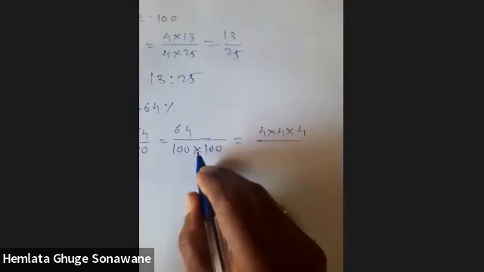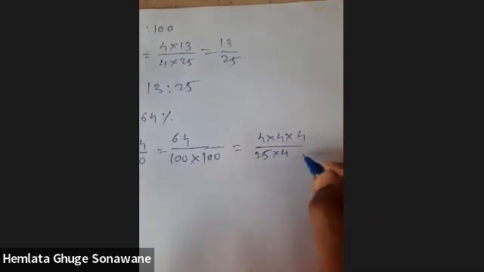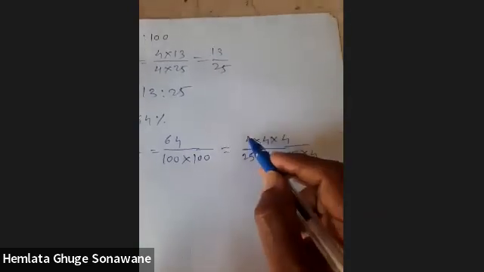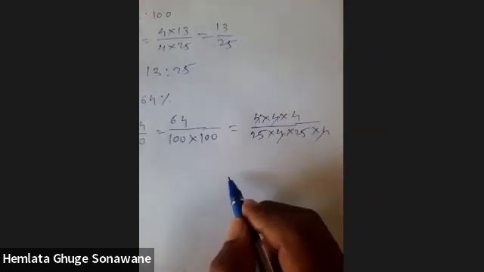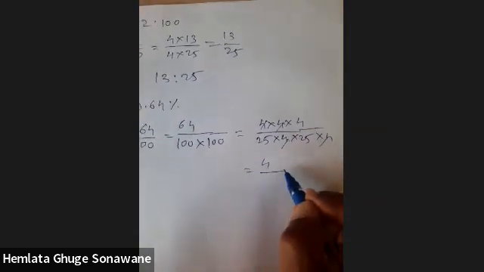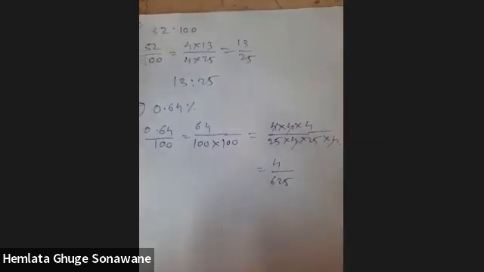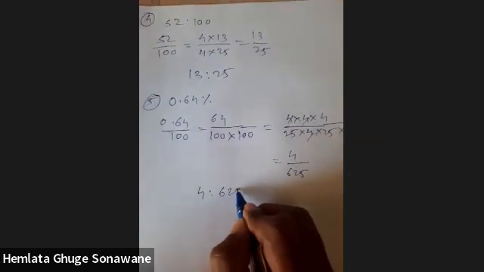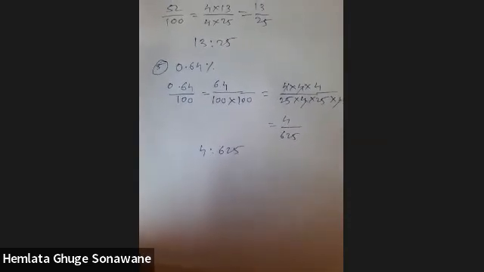Now we'll simplify 100, that is 25 fours. Now here 4 gets cancelled. What is remaining? 4 and 25 into 25, that is 625. So 4 as to 625 is the reduced form of 0.64%.